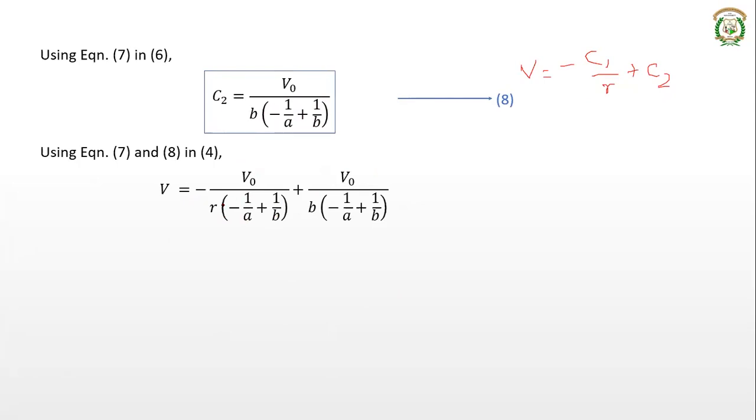So minus C1 by r plus C2 is V0 divided by b into minus 1 by a plus 1 by b, and with r. Again, since there is a minus here, if I multiply the minus term inside, I can write it like this: V0 divided by r into 1 by a minus 1 by b. Minus into minus into plus is minus. So instead of minus 1 by a plus 1 by b, I can write this as 1 by a minus 1 by b, right?